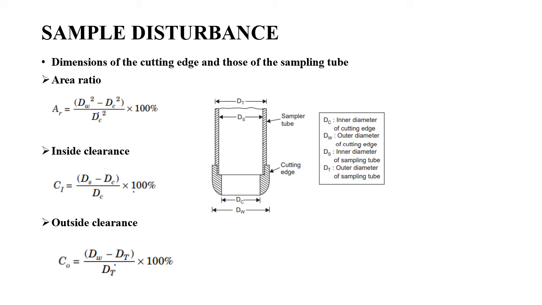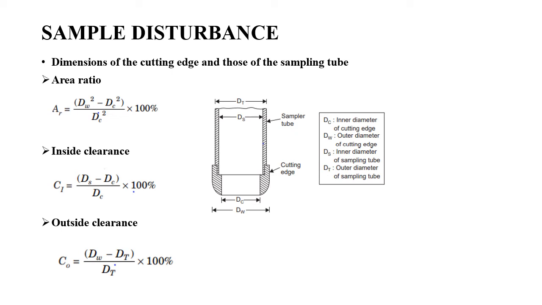So if we want to obtain a very good quality undisturbed sample, then we have to keep the area ratio as minimum as possible, and by criteria area ratio should be kept less than 10% to obtain a good quality undisturbed soil sample.